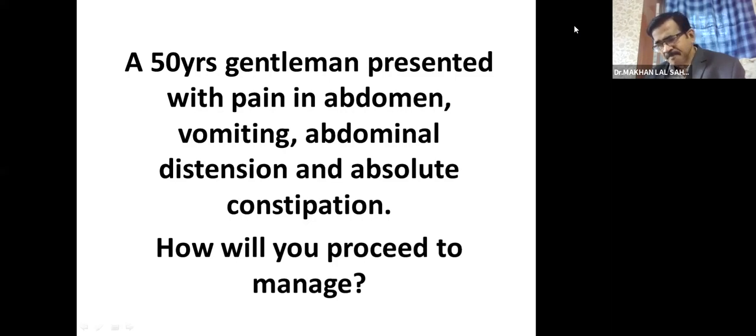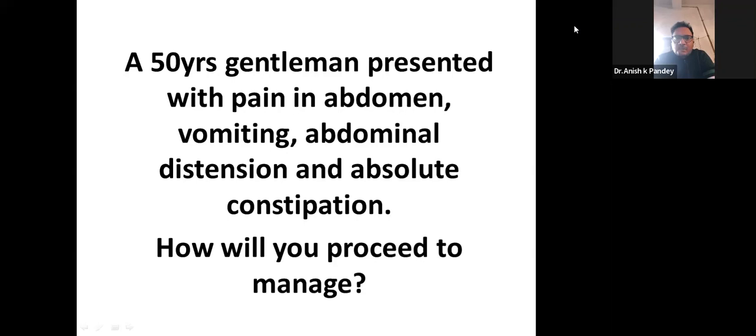Through the nasogastric tube, gastric aspirate. Can it lead to an increased incidence of postoperative aspiration? Yes, sir. But sir, can it be propelled towards the large bowel as well when the obstruction is released?